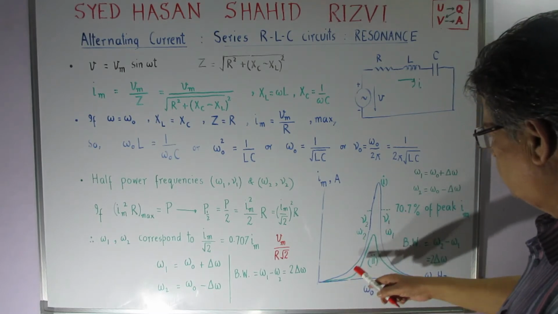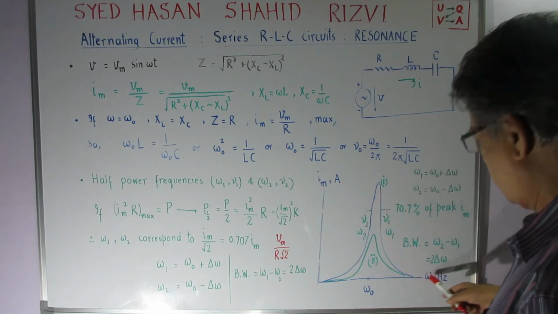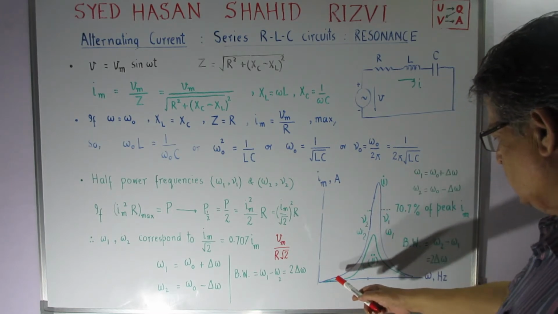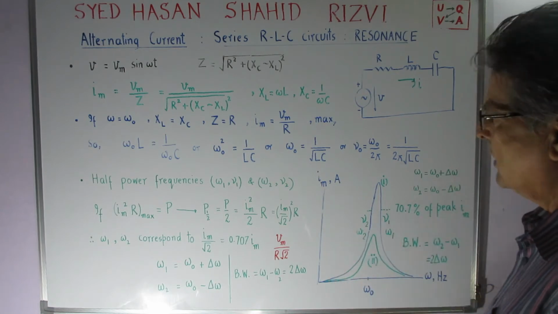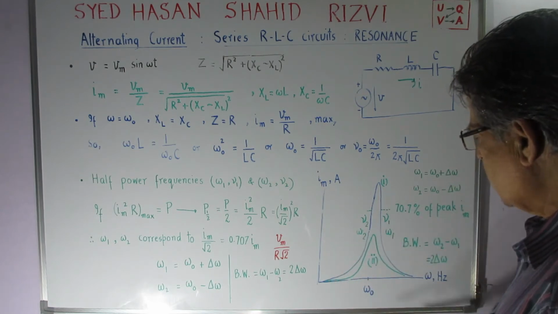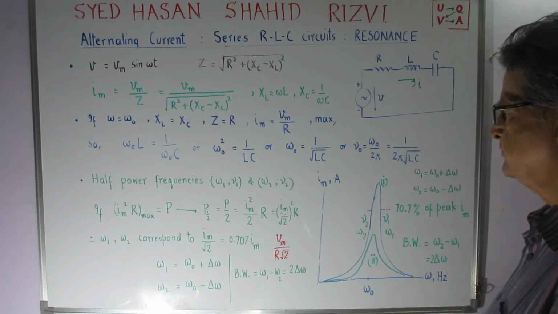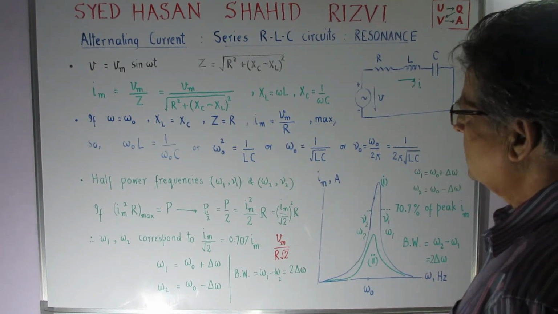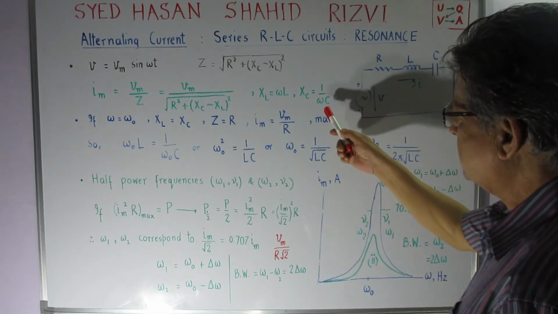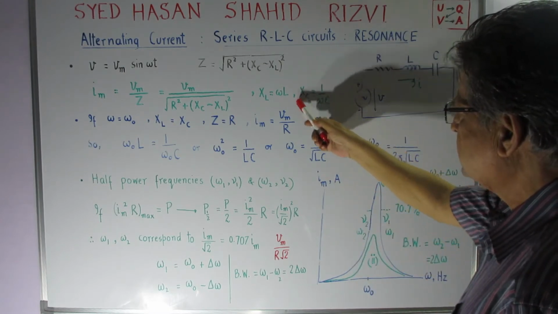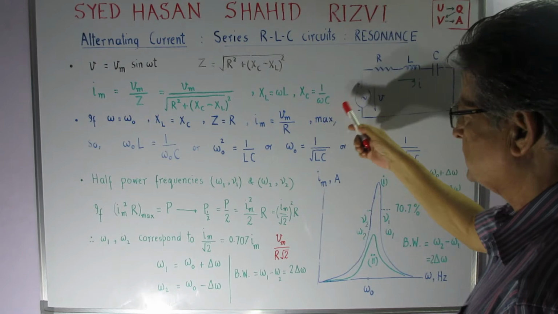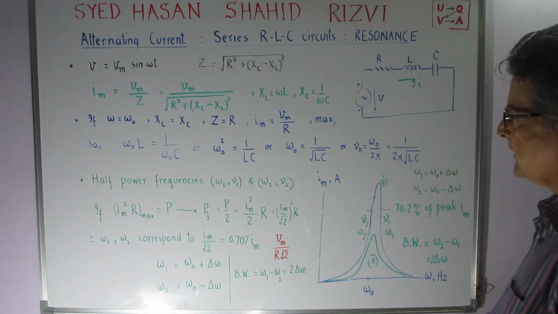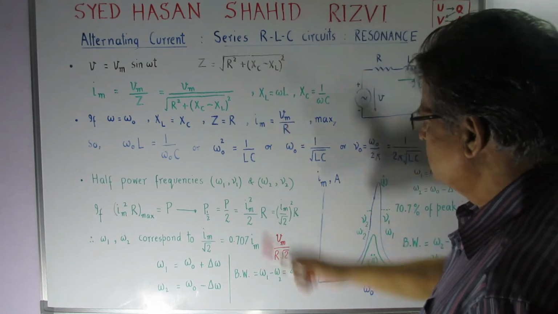So look at this blue curve. First of all, Im is small, because at lower frequencies you can see that this Xc value is large, and then naturally the value of Z becomes large.